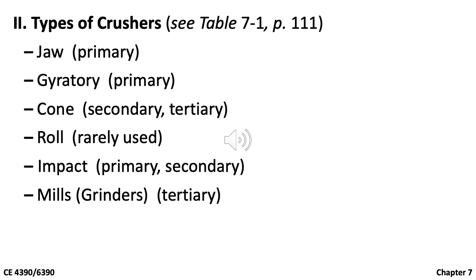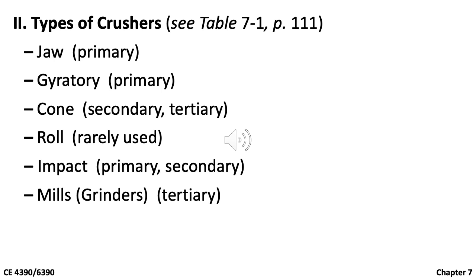And number four, roll crusher. This is an old type of crusher and it is no longer used nowadays. Number five, impact crushers. This is used for both primary and secondary crushing. Finally, mills, which are also known as grinders.